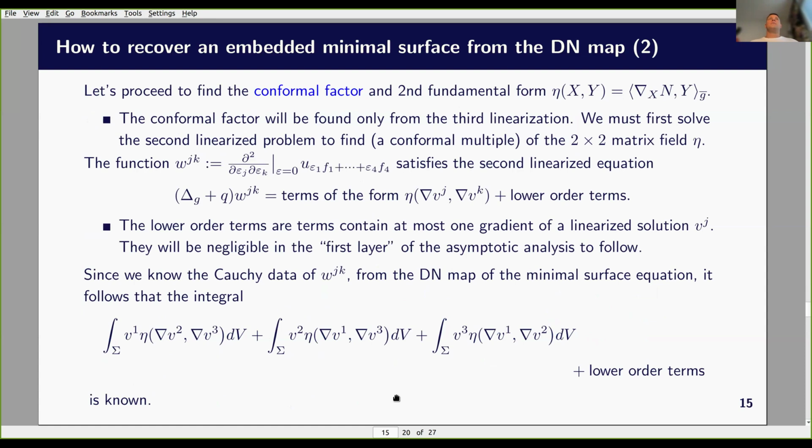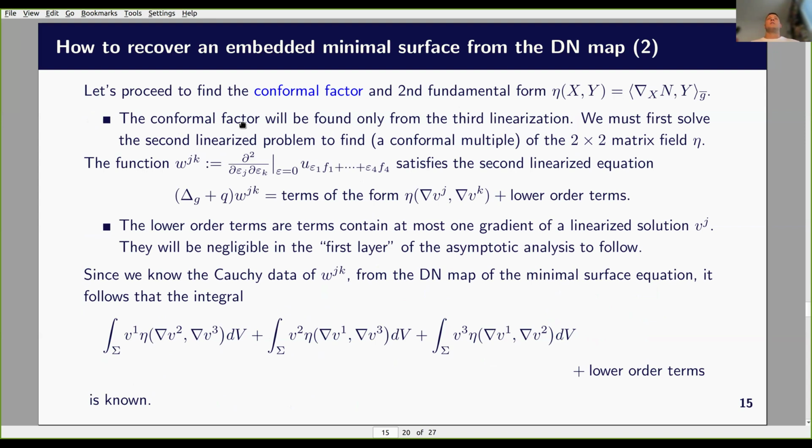So how do we do that? We start to differentiate the solution u a second time. So we start to recover the conformal factor by doing the second linearization. However, at this point, I will mention that actually the conformal factor will only be found from the third linearization.